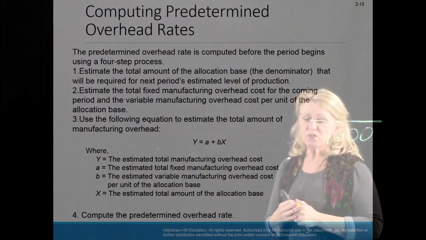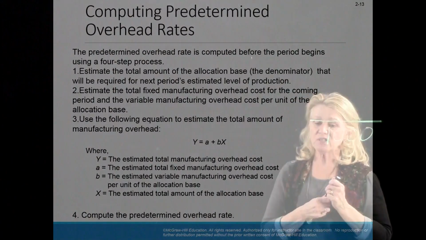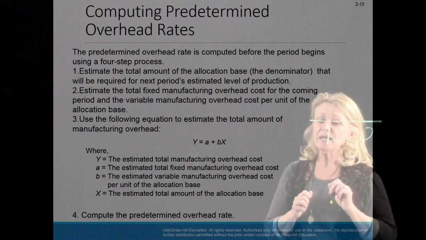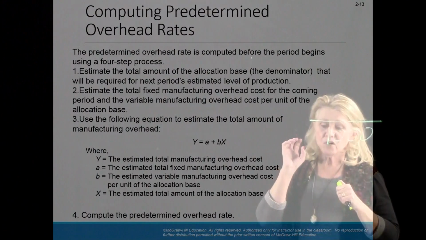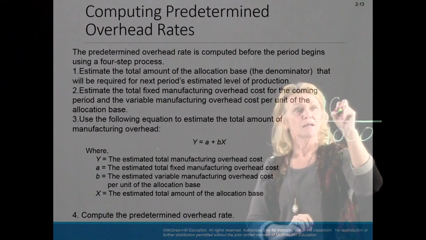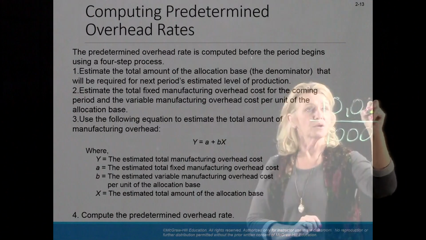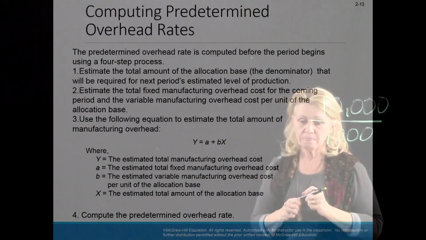The next thing we're going to do is estimate the total fixed manufacturing overhead costs for the coming period and the variable manufacturing cost per unit. So we said $10,000 was our total manufacturing overhead.